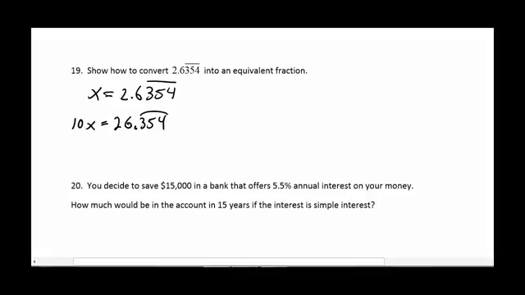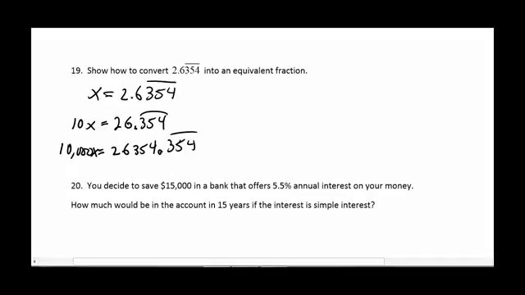And then I want to multiply by another 1,000, so I'm sorry, 10,000. So 26354.354, that piece constantly repeating there. Now I've got two numbers where the repeating part is lined up at the same decimal point.